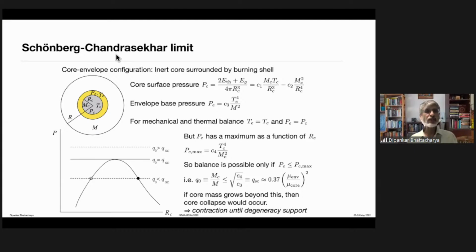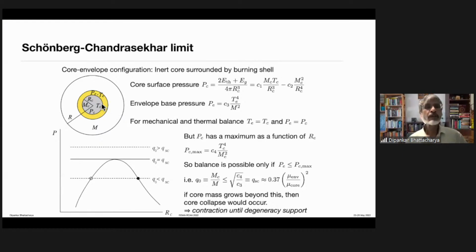So now let us go back to the situation where you have a core which has stopped burning hydrogen because it has exhausted the hydrogen fuel, it's all become helium. Outside is hydrogen.